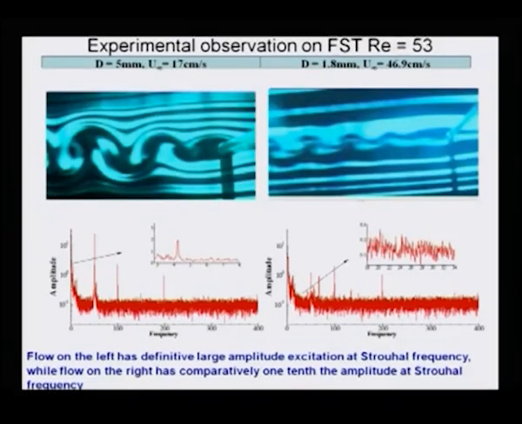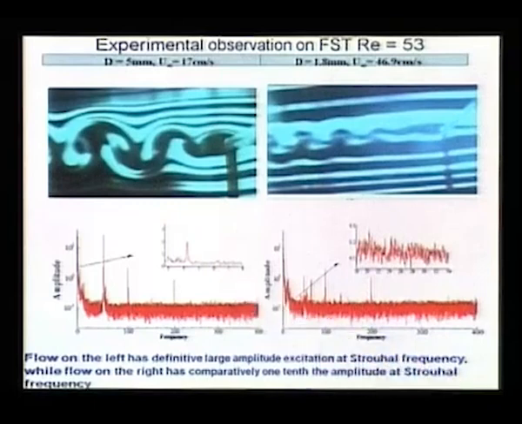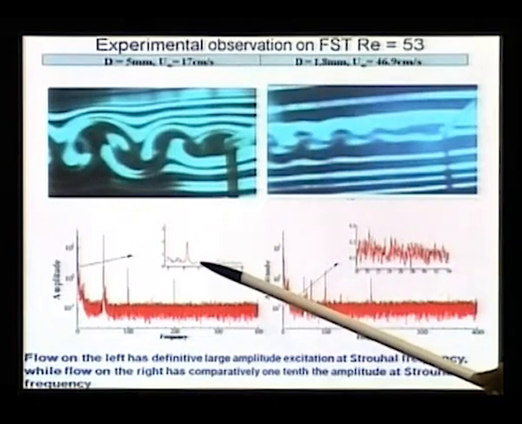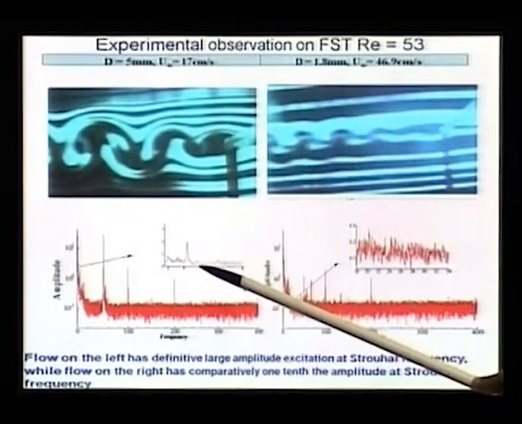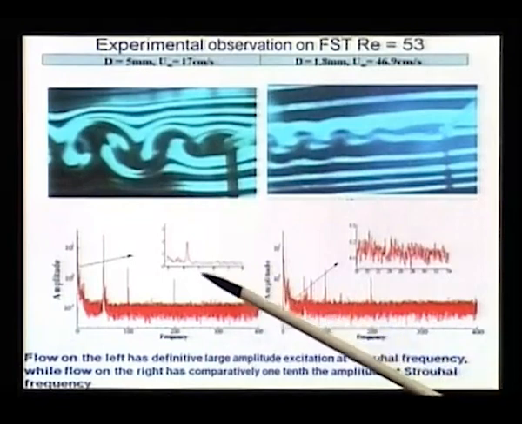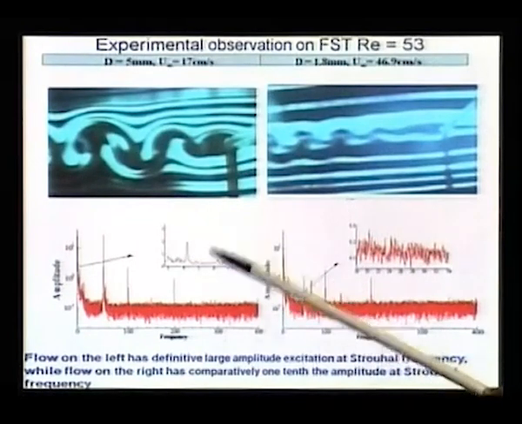So, the Strouhal number is quite a given quantity. We tried to find out the magnitude of the disturbance at the Strouhal number, and for the lower speed you can see that is the peak. The peak corresponds to the Strouhal number, and there the amplitude is roughly more than 2.